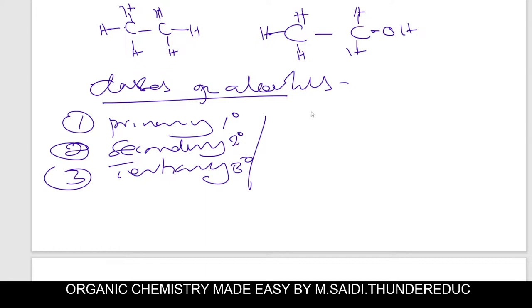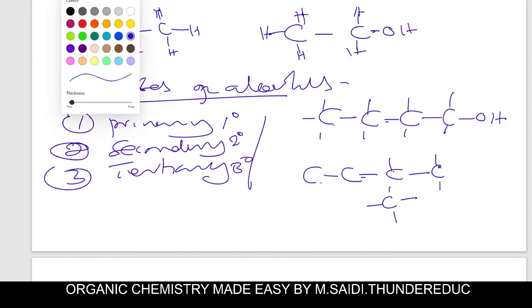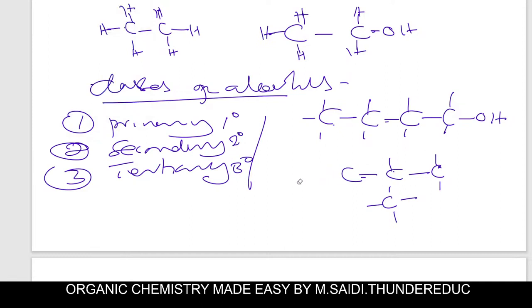All right, so now I have 1 carbon atom, 2 carbon atoms, 3 carbon atoms, 4 carbon atoms, and the OH. I have the second example, 1 carbon atom, 2 carbon atoms, then 3 carbon atoms, and then now I have that, 1, 2, 3, 4. Now let me just remove 1 carbon atom here, and then I remain with that.